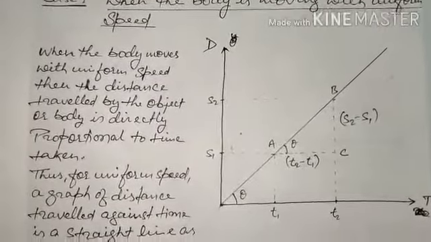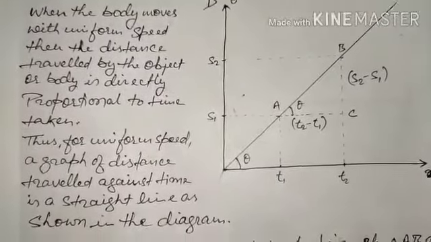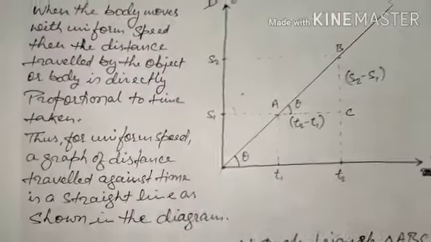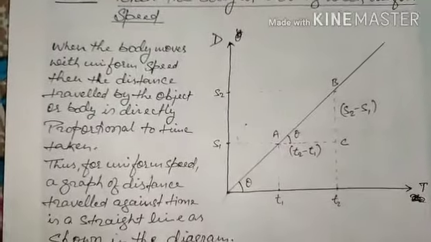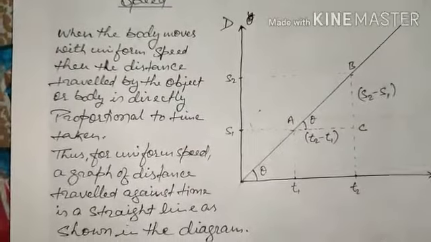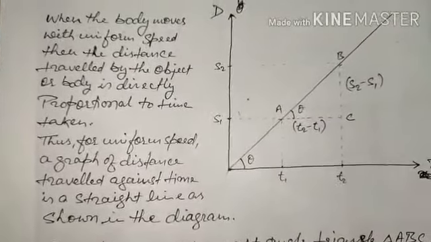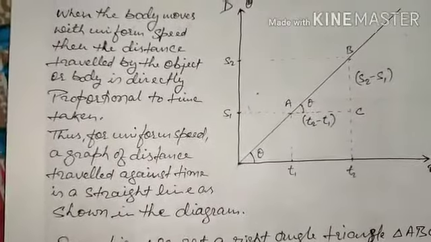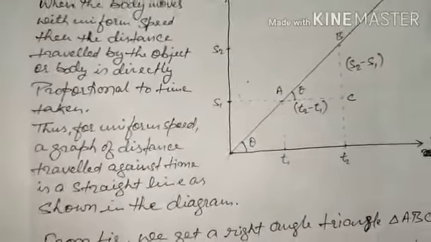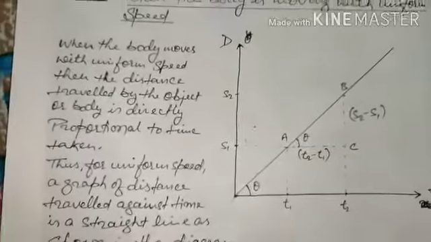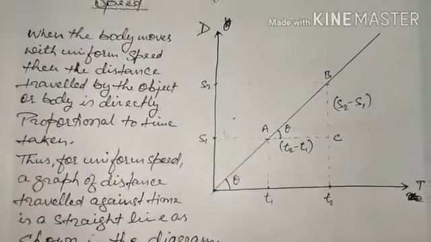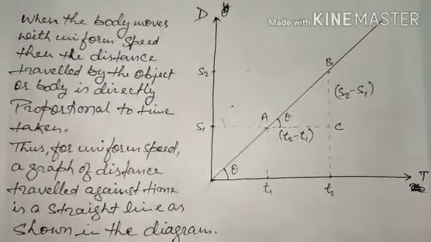When the body moves with uniform speed, the distance traveled by the object is directly proportional to time. That is, when a body is moving uniformly, it covers equal distances in equal intervals of time, so the distance is proportional to the time. And when there is proportionality, the graph will be a straight line passing through the origin.